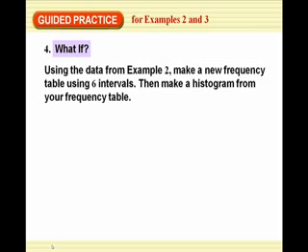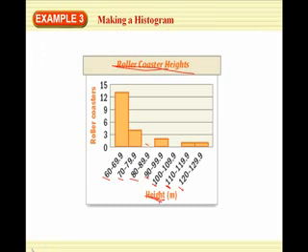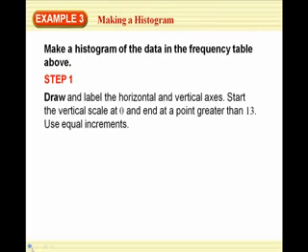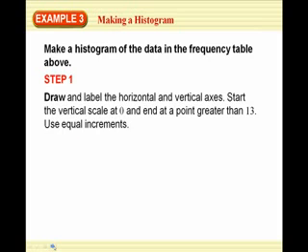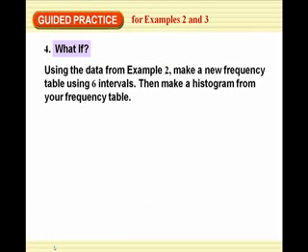So what if, using the data from example 2, we make a new frequency table using 6 intervals, then make a histogram from our frequency table. So if we go back to that old frequency table, notice it had 1, 2, 3, 4, 5, 6, 7 intervals. It wants us to make one with only 6 intervals. So that means we have to spread the numbers out a little bit more, with bigger intervals.